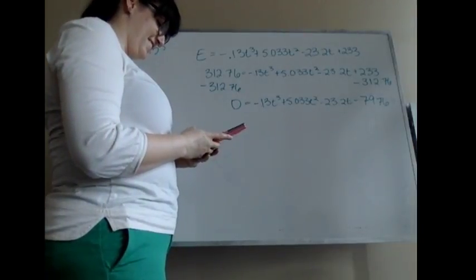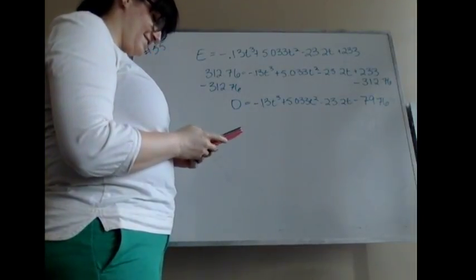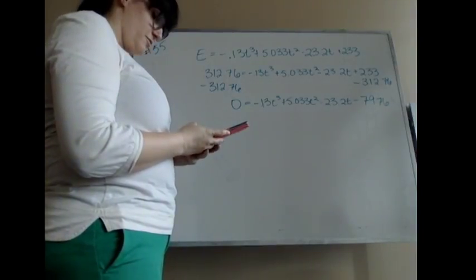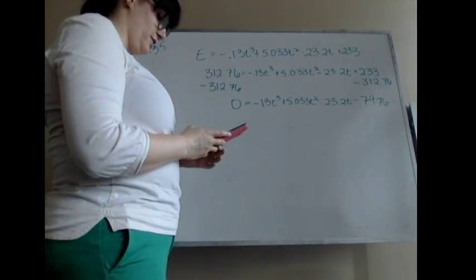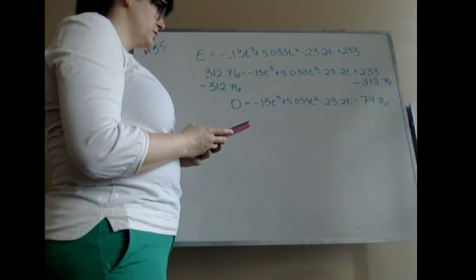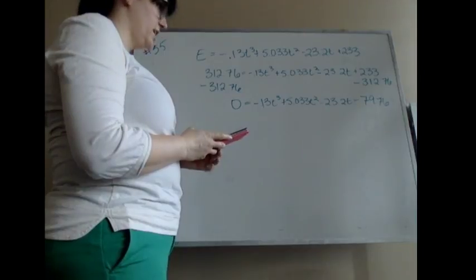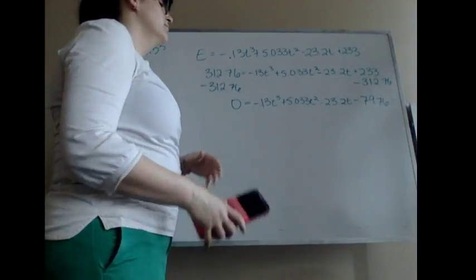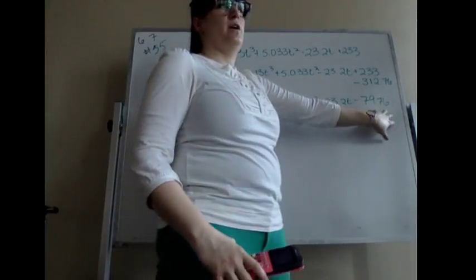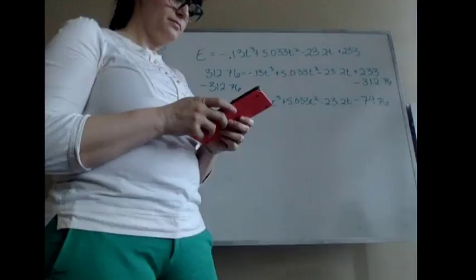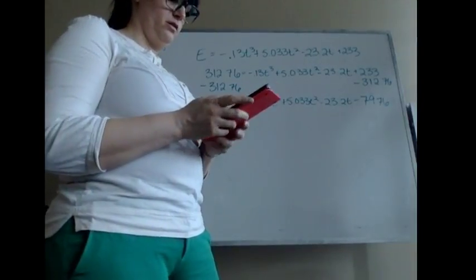Negative 0.13. So no T, it's x cubed, plus 5.033 x squared minus 23.2 x, 79.76. Last term is always your y-intercept. So when you're thinking about what kind of viewing window you want, make sure you can see the whole thing.